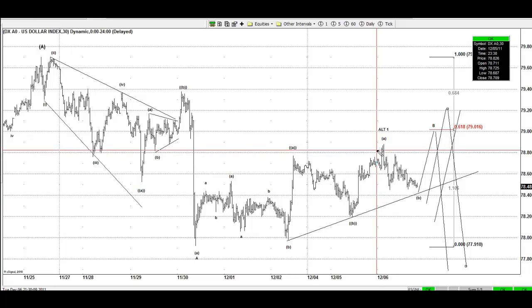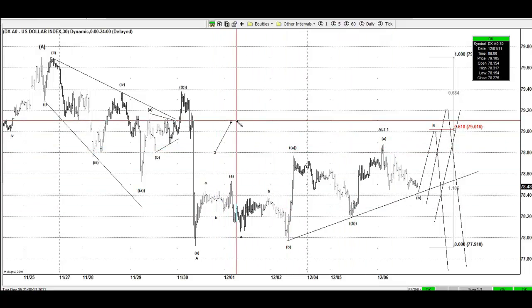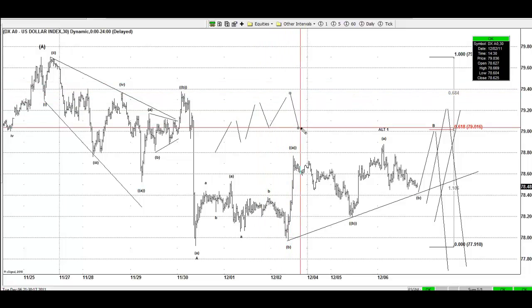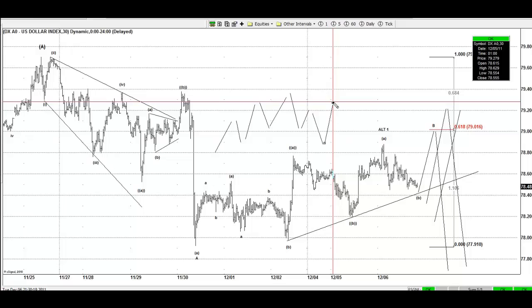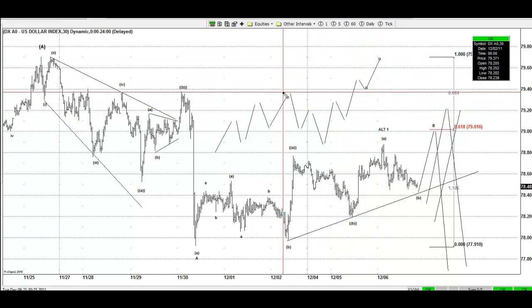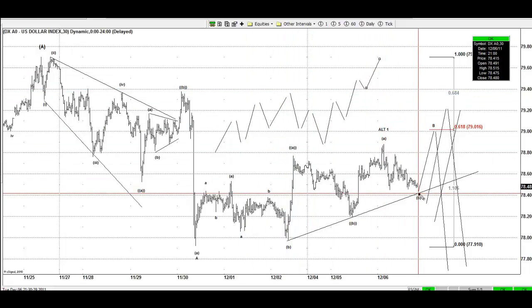Be aware about that. Now, in the dollar, we have 2 scenarios. 1, 2, 3, 4, 5. This is A, B, Z, and then 1, 2, 3, 4, 5. But that scenario, you're going to be able to see if it goes below this trend line right here.